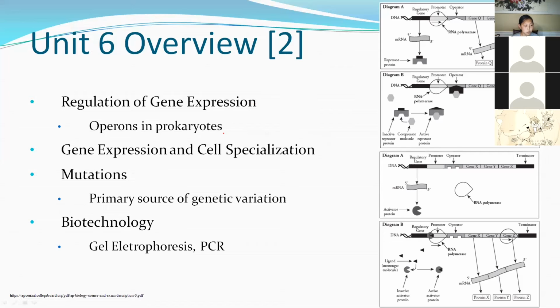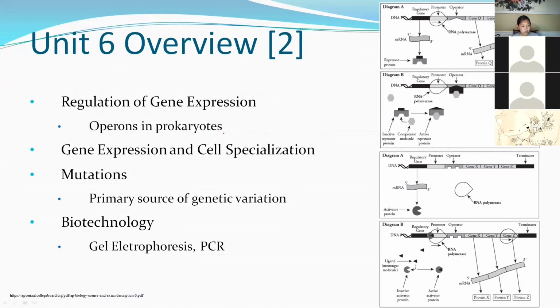Next is mutations, which are the primary source of genetic variation. There are different types of mutations, for example, point mutations or frameshift mutations, that basically mean a piece of genetic code, one nucleotide, is changed, and then there's some sort of change to the expression of it.